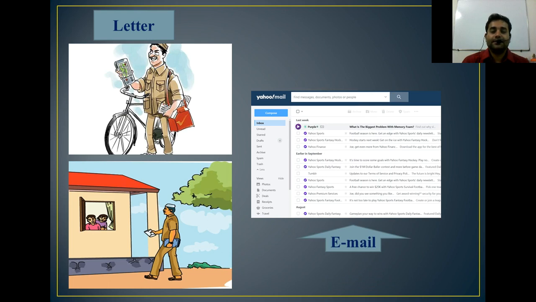So email is the modern form of letter, because in email we need only internet. By one click, we can send a letter, that means this email, from one part of the country to another part. So today I am going to discuss about email first.